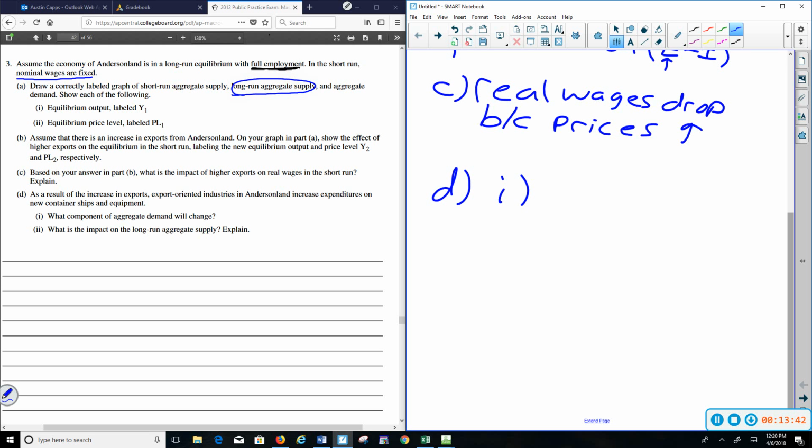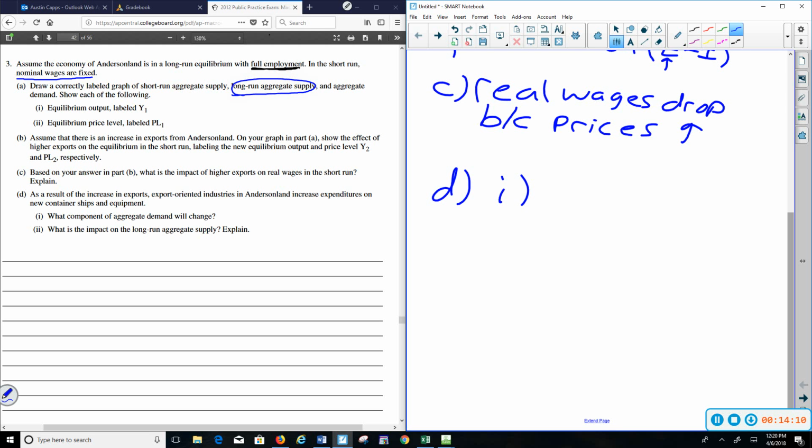If you've got businesses that are geared toward exporting things in Anderson Land, and they're buying a bunch of shipping containers and equipment, what is it that they're buying? They're buying capital. And remember, what's capital? Capital is oftentimes the machines, the equipment, the physical, durable goods that a business needs in order to conduct its business.